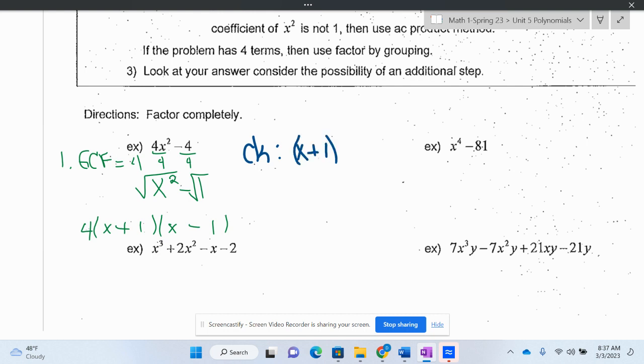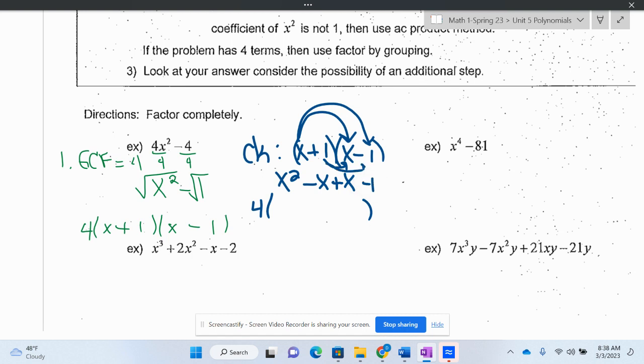So x plus 1 times x minus 1, and then I'm going to figure out what that is and multiply everything by 4. So let's see. X times x is x squared. A positive x times a negative 1 is negative x. A positive 1 times a positive x is a positive x. And positive 1 times negative 1 is negative 1.